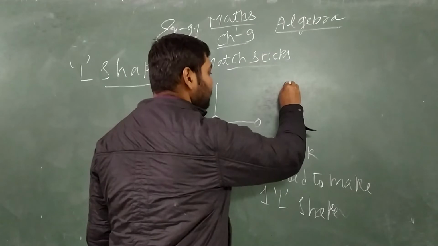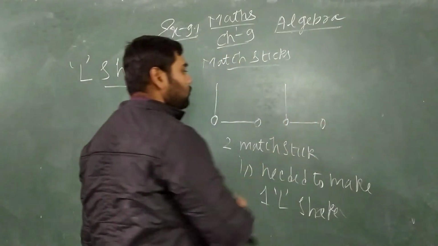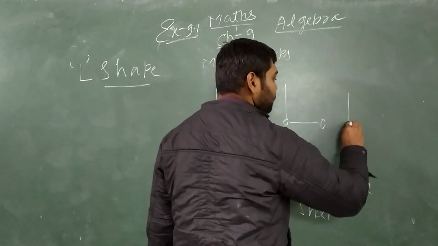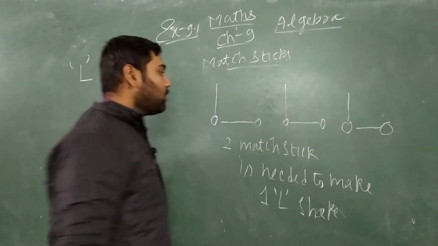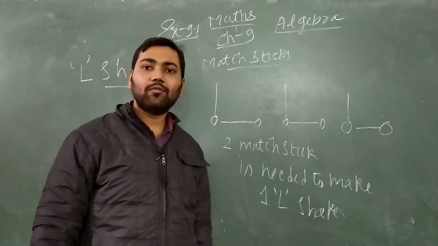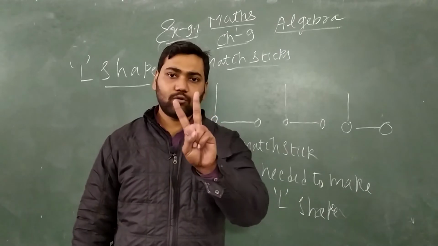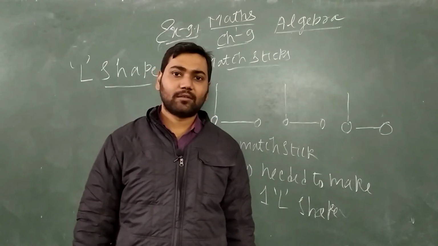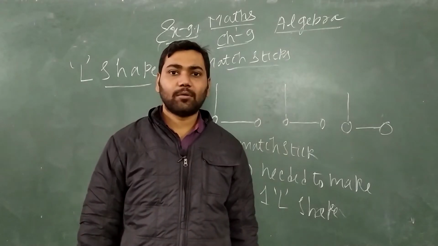Then if we make one more L shape, again two more, then if we make one more, again two more. So what we are getting is that in making an L shape we need two matchsticks. With those two matchsticks we will make an L shape.